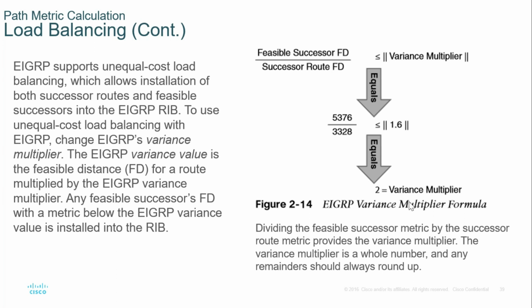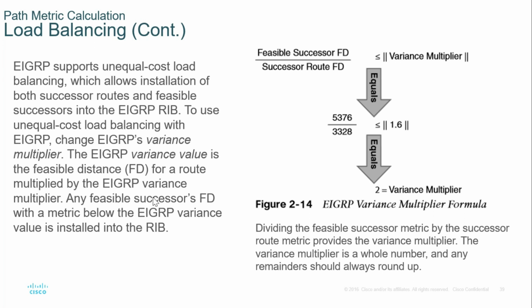We just need to change the value of the variance. Variance means that if we want to choose another path, how many times its distance can be larger than the best one that we want to allow. Okay, so the EIGRP variance is the feasible distance multiplied by the EIGRP variance multiplier. So for example, say our best path was 3382 earlier. How many multiples of its reported distance do we want to allow? If 2, it means we allow it to be up to 2 times larger than our best path.